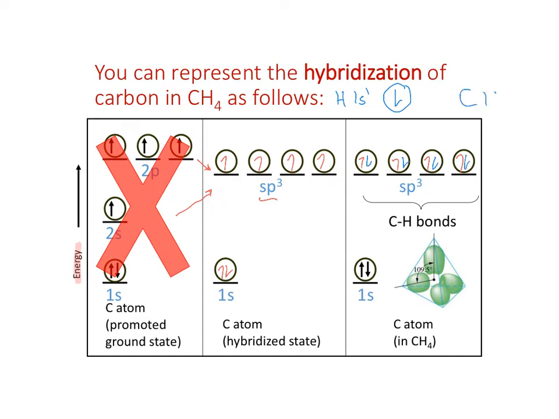And that's what we see in something like methane, CH4. I can form 4 carbon-hydrogen single bonds by the overlap of the sp3 hybrid orbitals on carbon and the atomic s orbital on hydrogen.